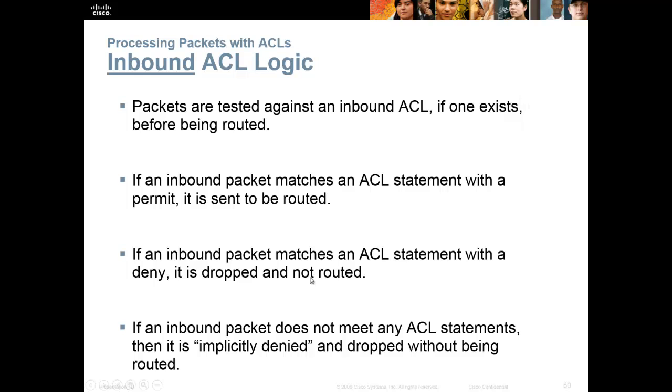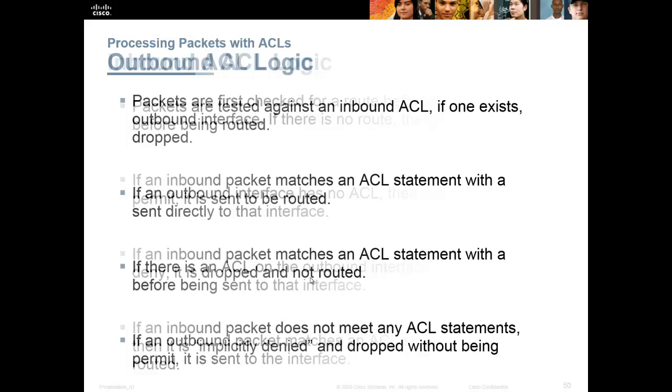All right, so some things to remember. Packets are tested inbound. If you apply an ACL to an inbound interface, it applies it before it's being routed. So if an inbound packet matches an ACL with a permit, then it's sent to be routed. If it's denied incoming, it would be denied before it goes through the routing process.